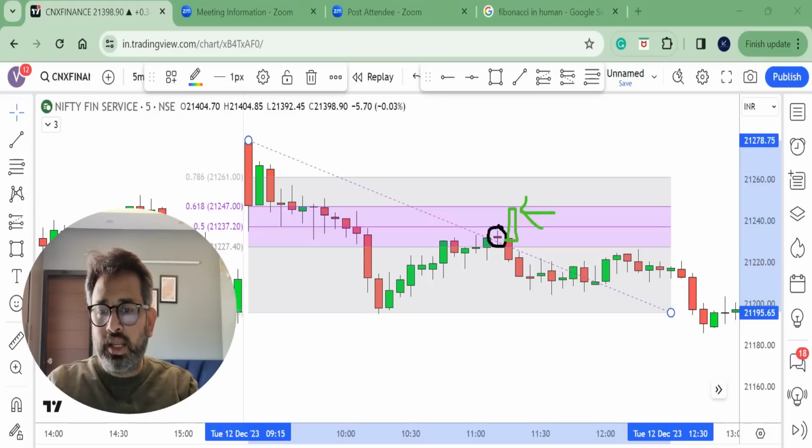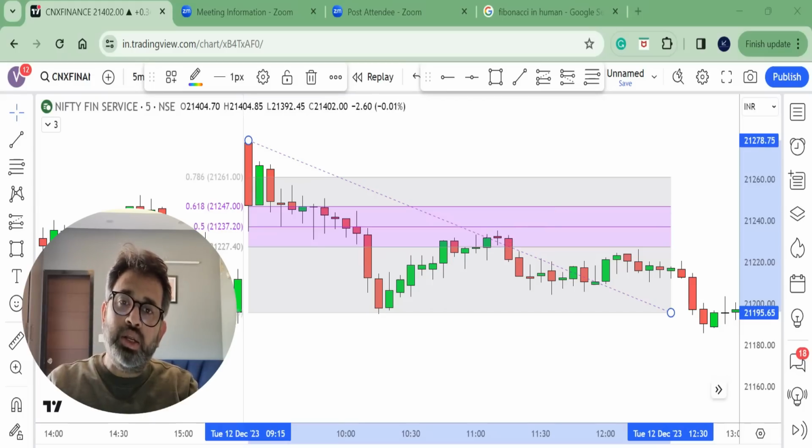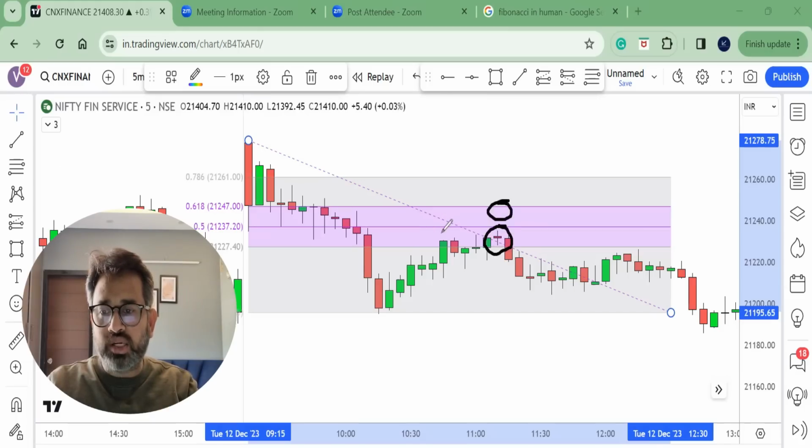Now let us discuss the last point, that is the stop loss placement. When you want to place the stop loss, there are two things. One is, for example, in this chart, you can enter short here when it comes to the strong resistance, that is 0.5 and 0.618, which I said is a strong resistance, right? For example, you can see that it made an engulfing candle near the 0.5.